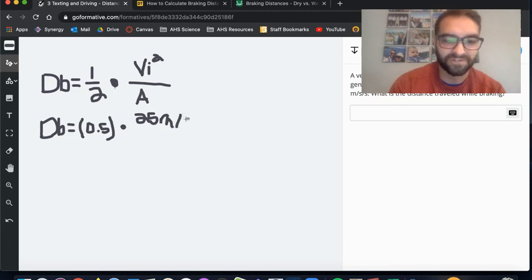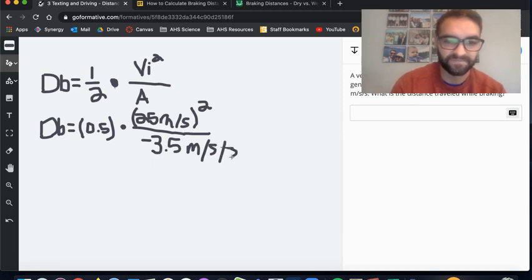It's so hard to write with the cursor. I'll put that in parentheses because that whole thing is getting squared, and then divided by our rate of acceleration, which was negative 3.5 meters per second per second.